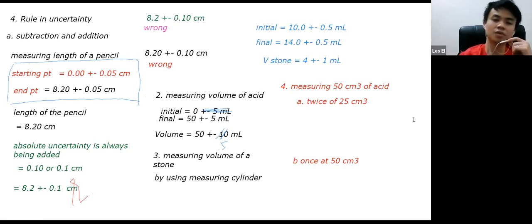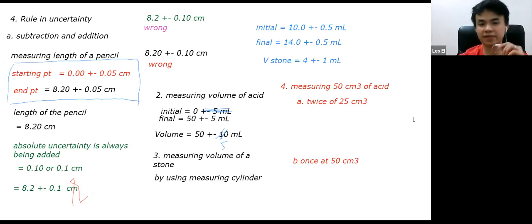Or you just pour it once up to 50 directly and you read. Now, these two ways of doing the experiment will give you different absolute uncertainty. Even though you get 50 centimeter cube at last, the value of the absolute uncertainty is different. Why? Okay, let's discuss the first way first.